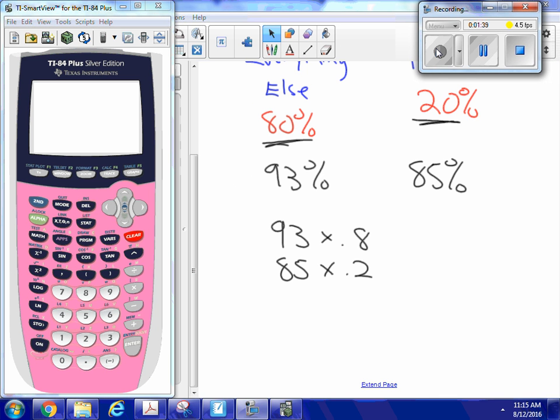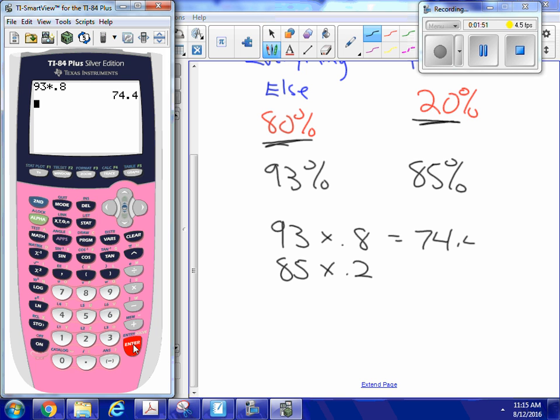I'm going to use a calculator. 93 times 0.8 equals 74.4, and then 85 times 0.2 gives me 17. That one I probably could have done in my head. So my final grade for the semester would be a 91.4%. And that's the way you would calculate it.